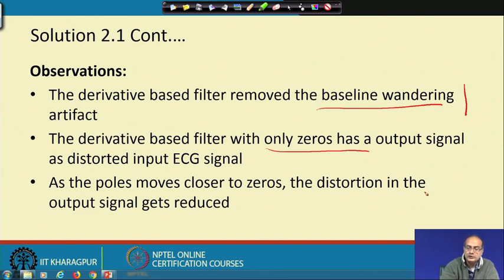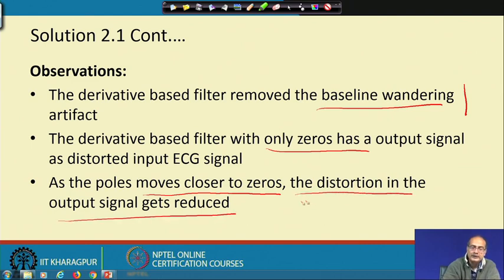So, poles are added, and as the pole moves close to the unit circle, the distortion in the signal reduces, and the closer we bring it, the less distortion we get in the output signal, giving a better output signal that is free from the baseline wandering artifact.